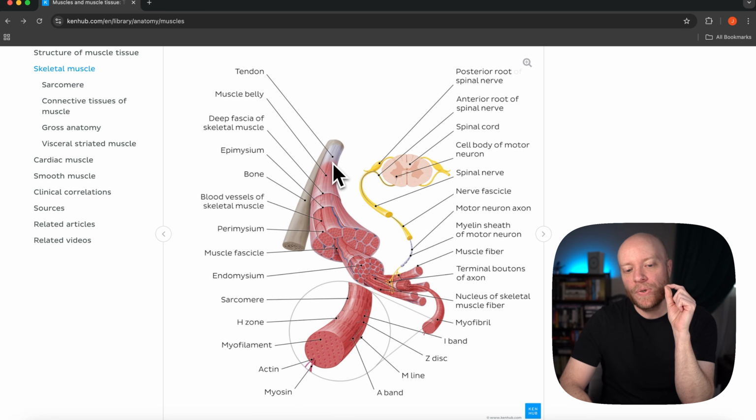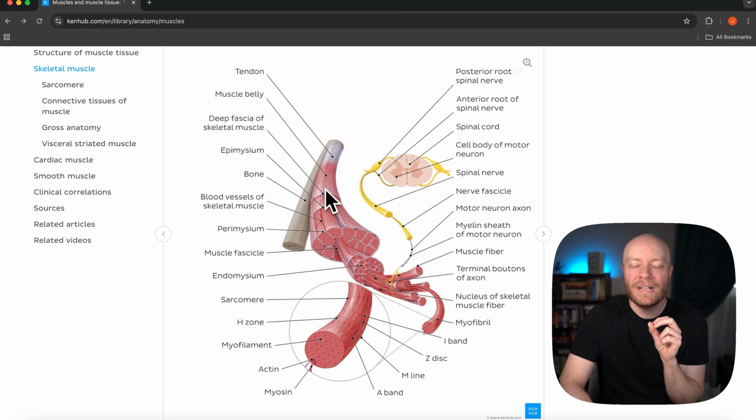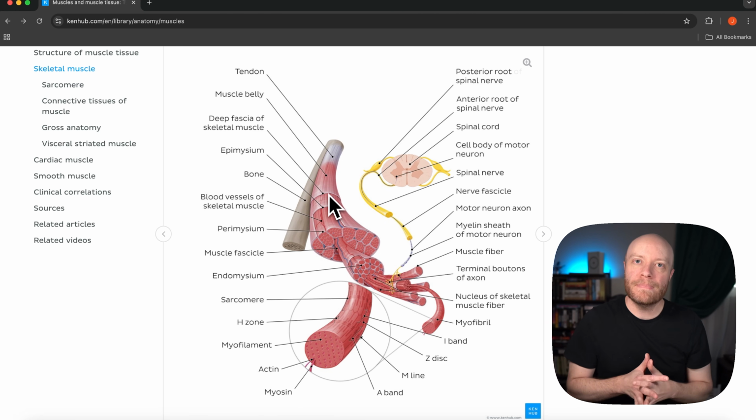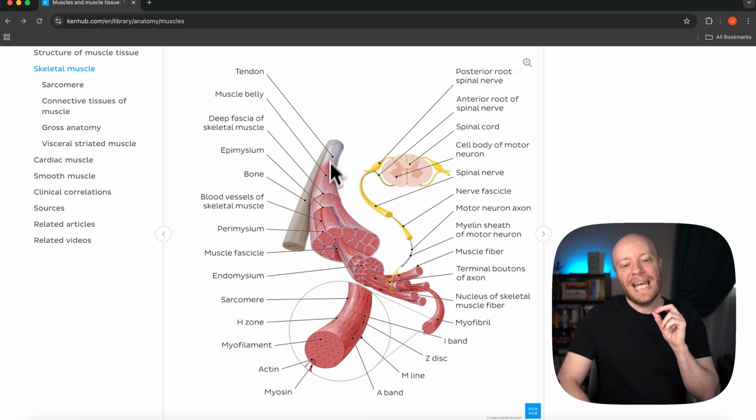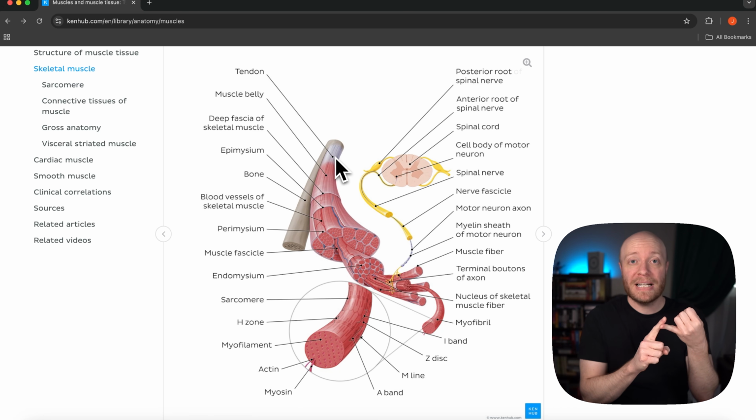Now, what I want to do is, now that we have the understanding, properly explain a tendon, because a tendon is a continuation of the connective tissues surrounding muscles. So a tendon is going to be made of epimysium and perimysium.